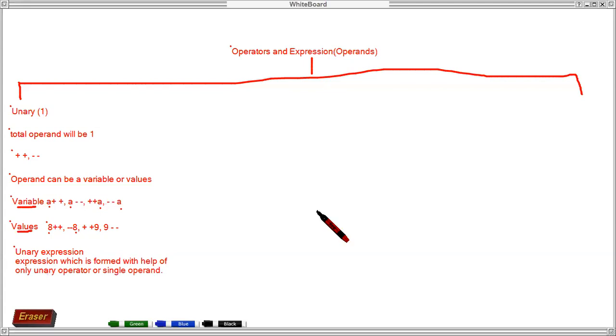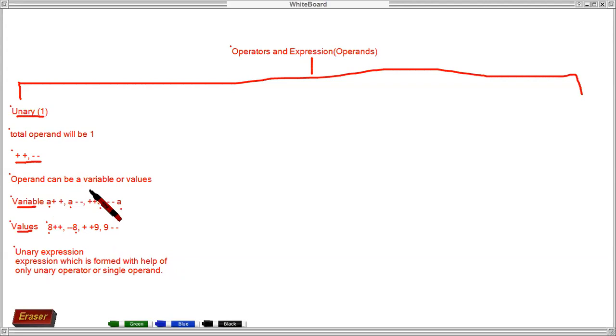Both are applicable. So just now the definition of the expression actually changed, because unary represents one, so the total number of operands has to be one. So these are the kind of unary operators which are available in Java.